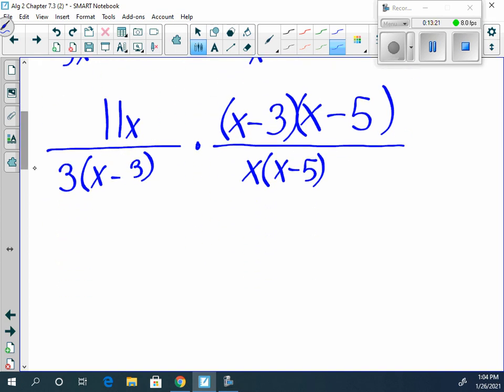Which gets us to this here. Now again, these are being multiplied together, so we can put it on one bar. And we can cancel out what's in common on top and bottom. So what is in common on top and bottom? Yes.